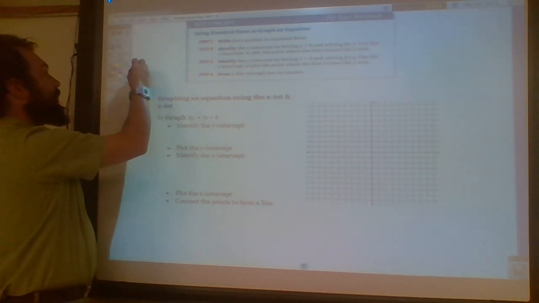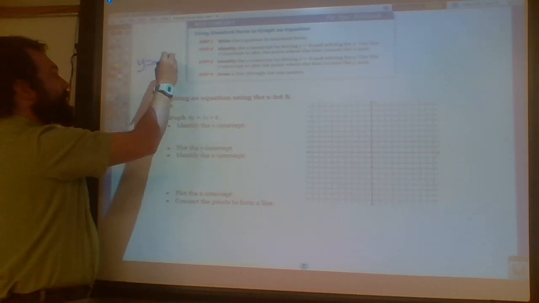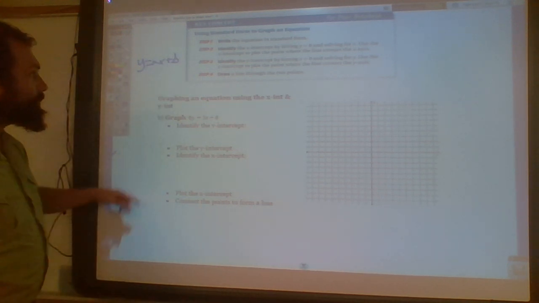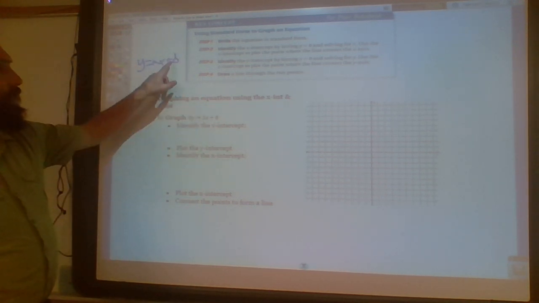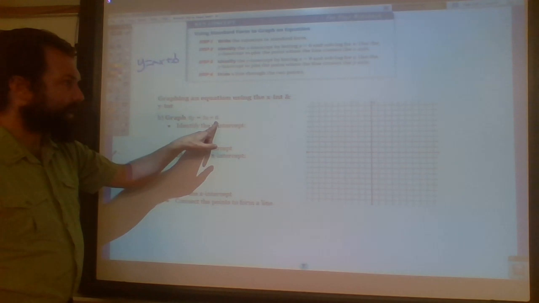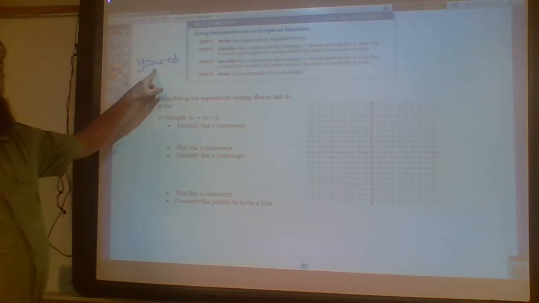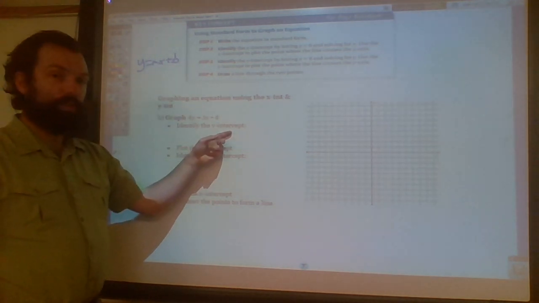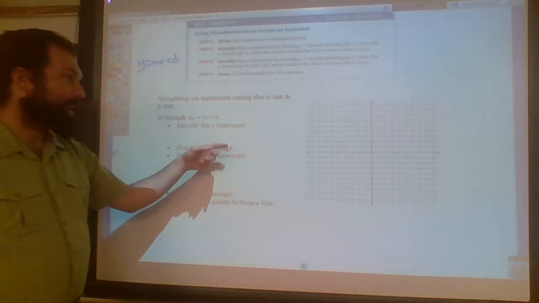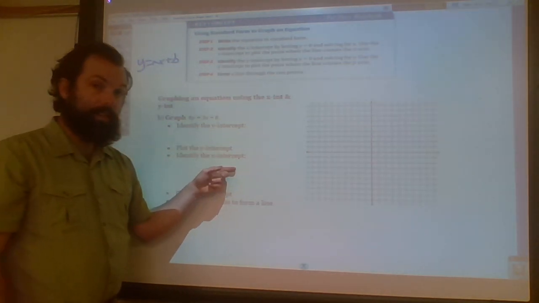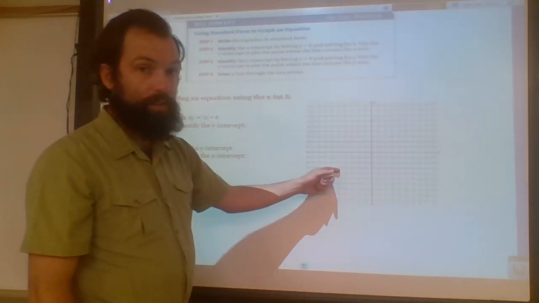If I remind myself y equals mx plus b, I can't see the slope and the y-intercept right away because it's not in the same form. So we're going to use a different method. We're going to identify the y-intercept and the x-intercept and graph it using these 2 points.